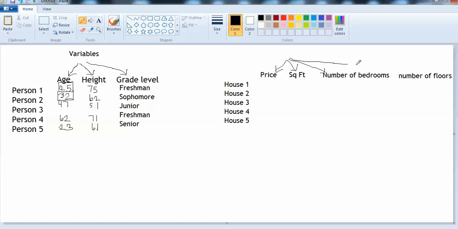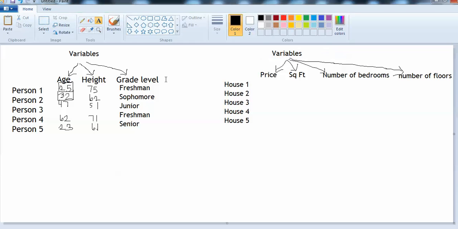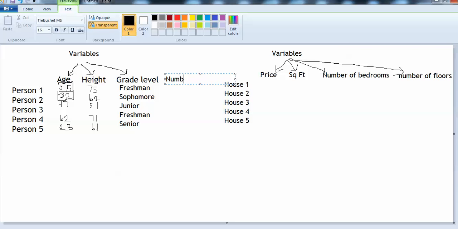Now let's think about, is the title of a column in a spreadsheet always a variable? Well, a variable has to be something that's able to vary. So what if we wanted to ask each person over here, how many birthdays do you have each year? So number of birthdays is another column in our spreadsheet.